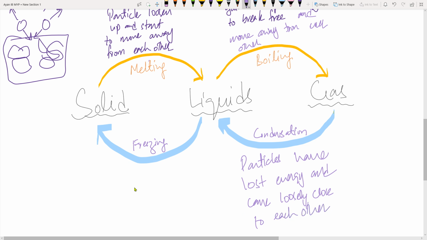And then in this case, particles have lost enough energy to be stuck together. That is going to be a solid, again depicting vibratory motion.